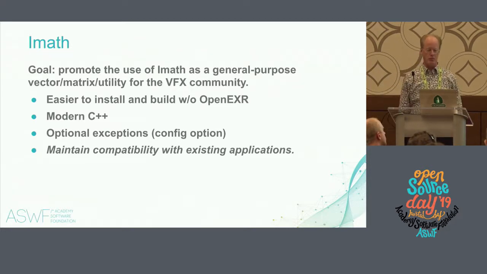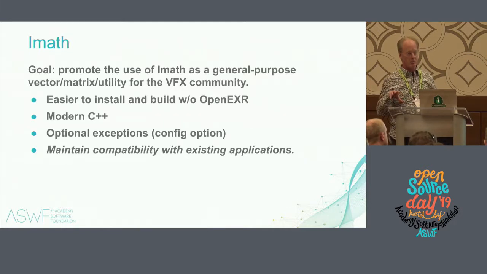What we've been talking about proposing is to, one, modernize it and update the code in various ways, and split it out from OpenEXR so that it's a separate, independent entity. That makes it easier to build and distribute and integrate with other applications.